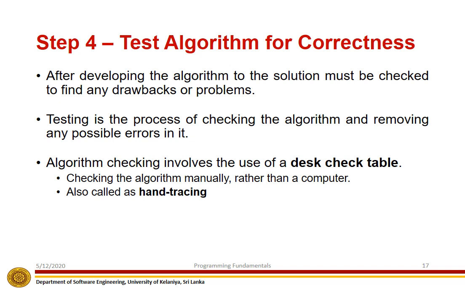Testing is the process of checking the algorithm and removing any possible errors. Normally we check algorithms using a desk check table, also called hand tracing. A desk check table is an informal manual process for verifying the programming and the logic of an algorithm. If the algorithm has errors, we have to correct them. Otherwise, we can move to the next step.